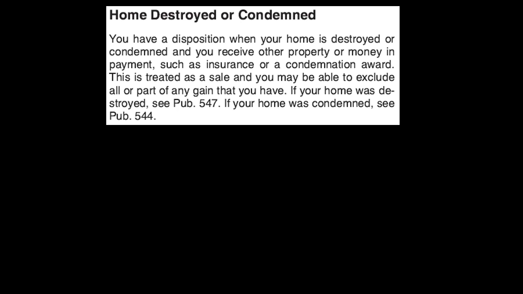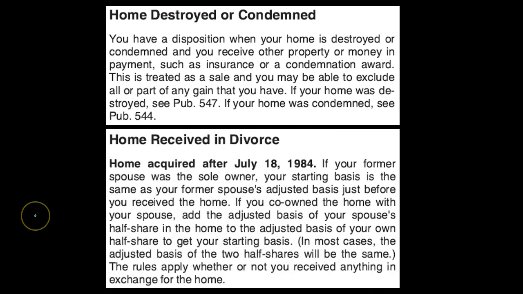If the home was destroyed or condemned and we got some type of payment for it, possibly something like insurance, then we might think of that kind of like a sales type transaction that happened, in that we got some type of payment and the home is now gone, right? So how would we deal with that type of situation? It would be a special type of situation. For more information on it, you could take a look at those publications.